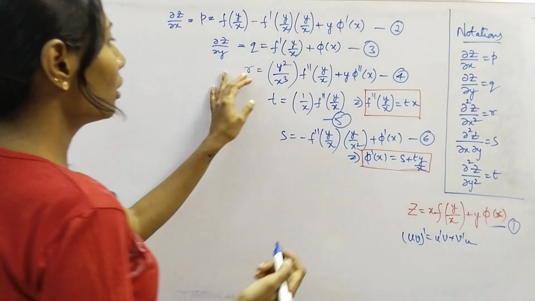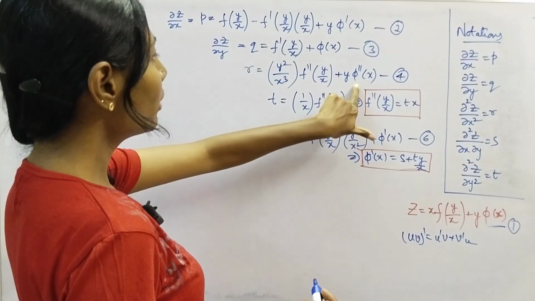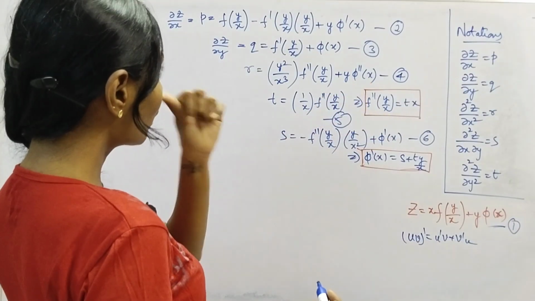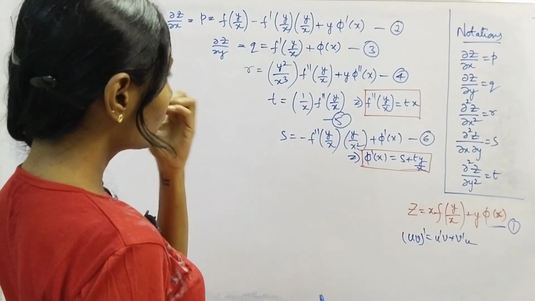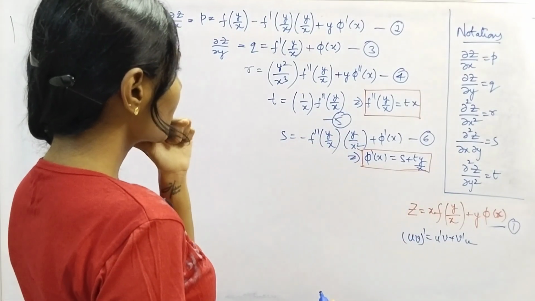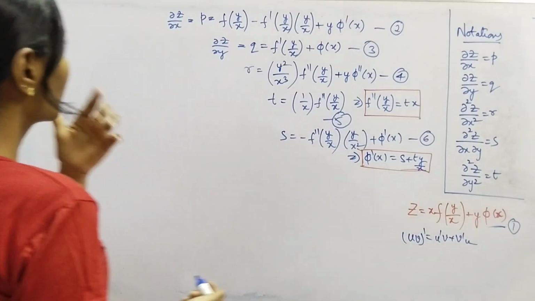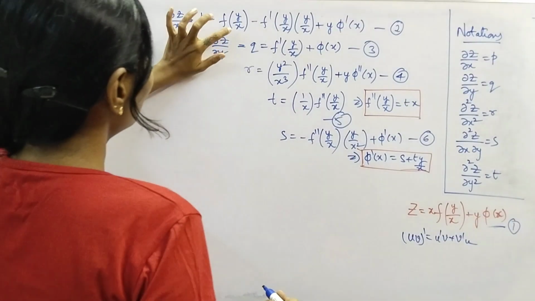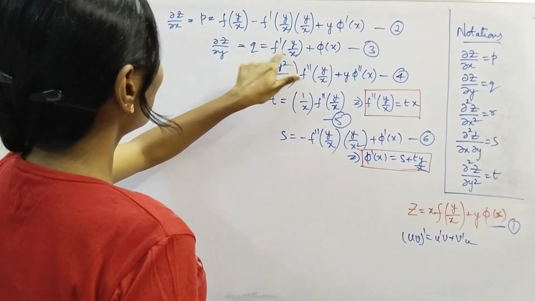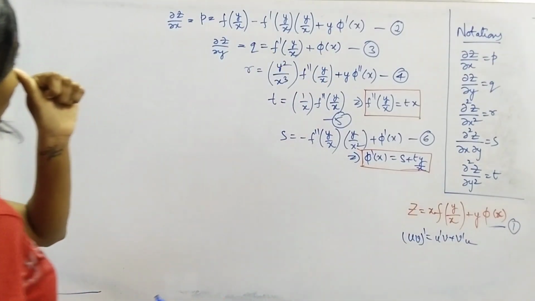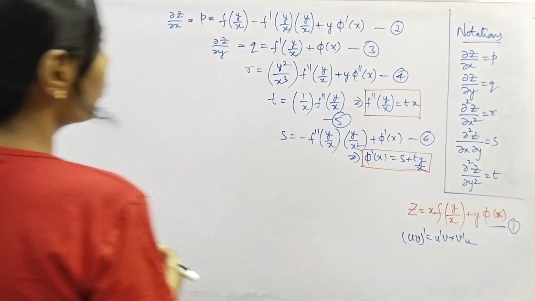If you take R, you're having f dash and phi double dash. Do we have the values of f double dash? Yeah, you have the value for f double dash, but you don't have the value for phi double dash, right? So let's see for P and Q. Here we have f dash into y by x plus y into phi dash, f dash plus phi. Okay, and also we have z, which is xf plus y phi.